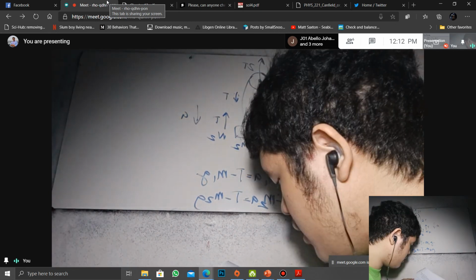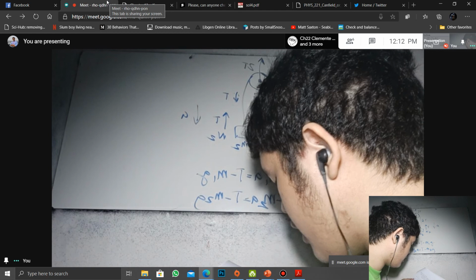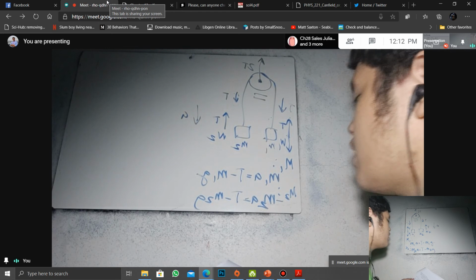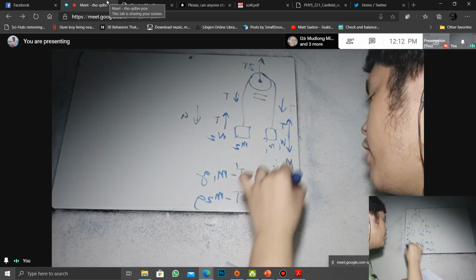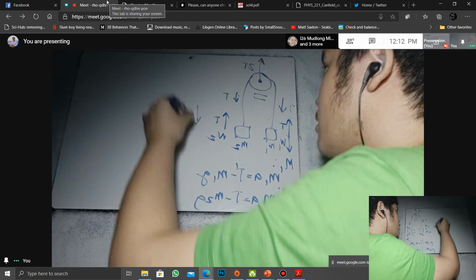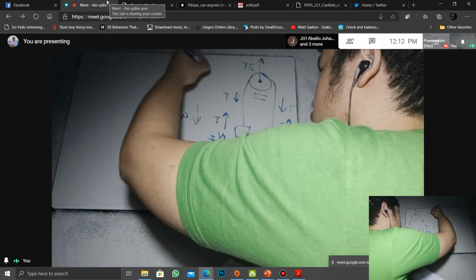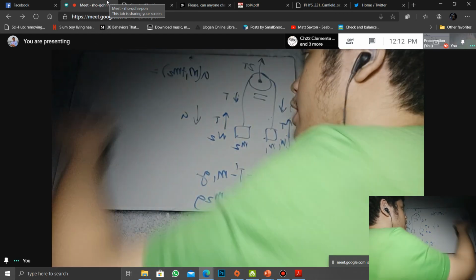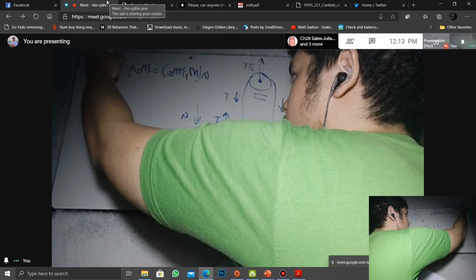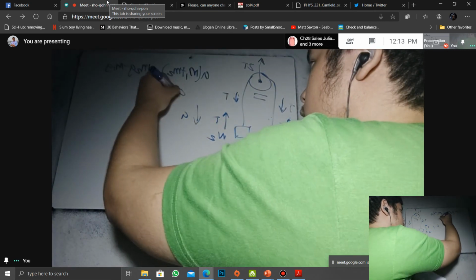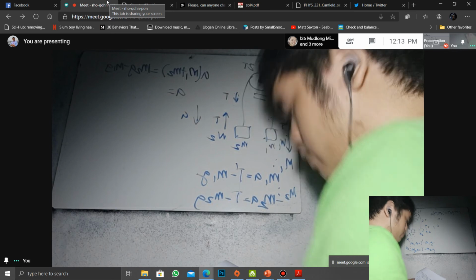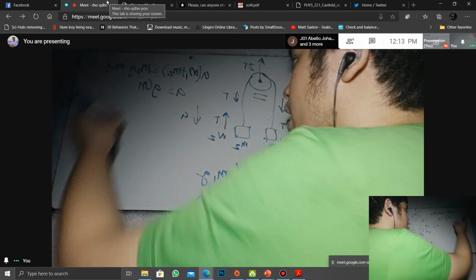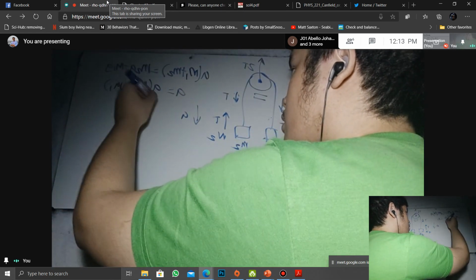Let's get the acceleration first, before we get the tension. How do I do that? Cancel a, cancel T, so I subtract both equations. This is what I'll get: a times m1 plus m2 equals m2g minus m1g. So, a equals g times m2 minus m1 over m1 plus m2.